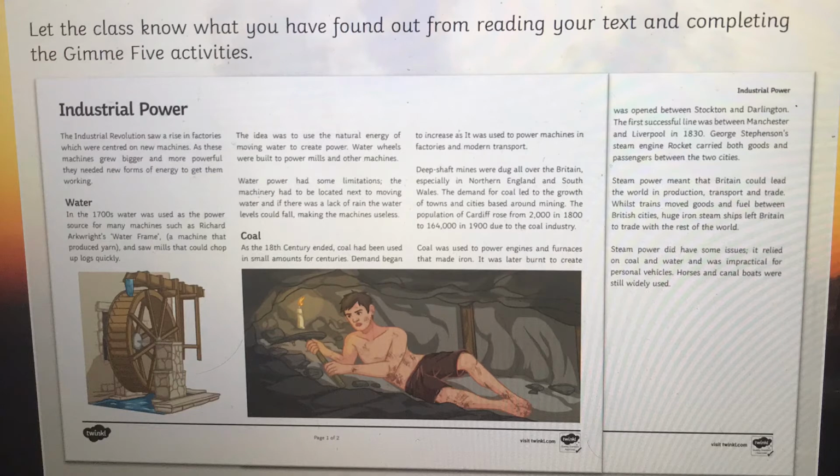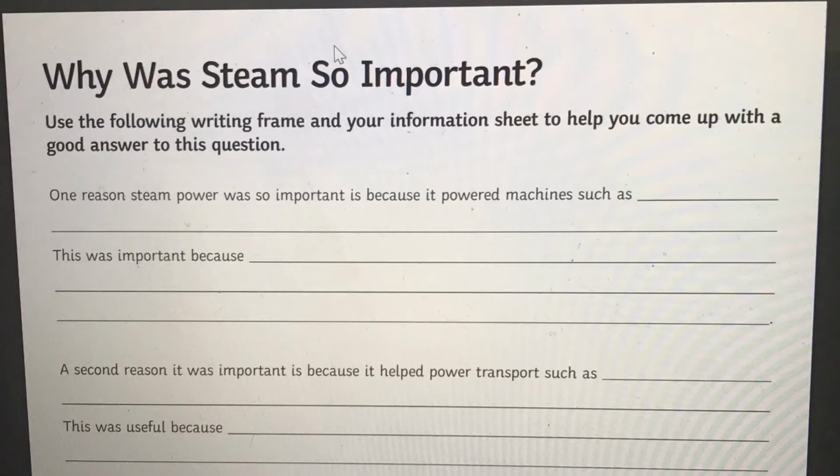Now, along with this worksheet, you might find it helpful to get a highlighter or a pencil or even a color pen to underline the most important bits of this reading. Now, along with this sheet come the questions. Now, please, the honor system, do not cheat and look at the answers. The answers are there to, 1, check your work, and 2, to help you if you have a problem.